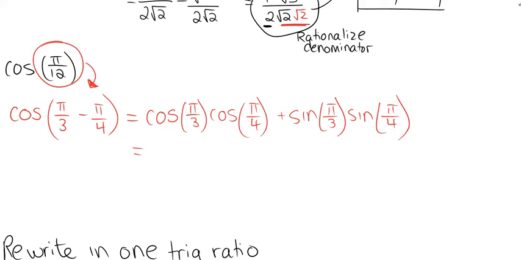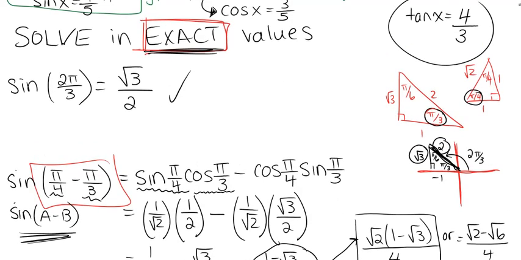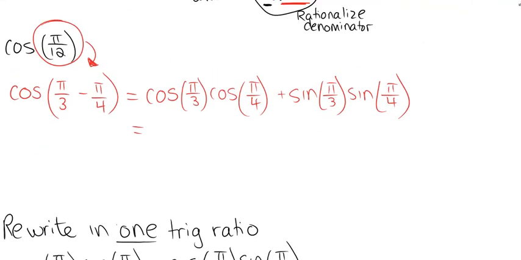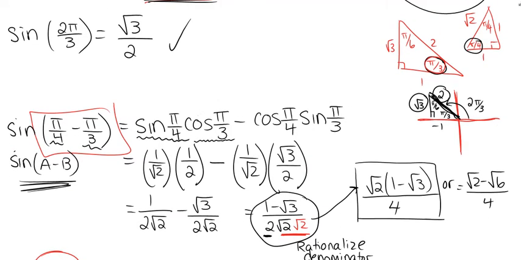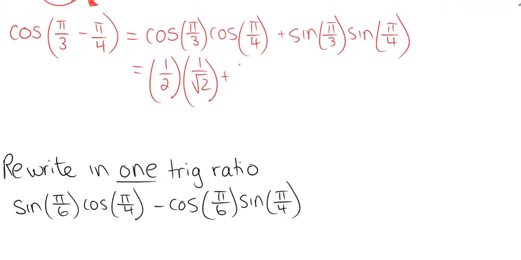So we find out cos pi over 3 is a half. I'm just using my special triangles at this point. Cos pi over 4 is 1 over root 2. Sine pi over 3, I think, is root 3 over 2. Yes, it is. And sine pi over 4 is 1 over root 2. This is going to work out similar to the last one.